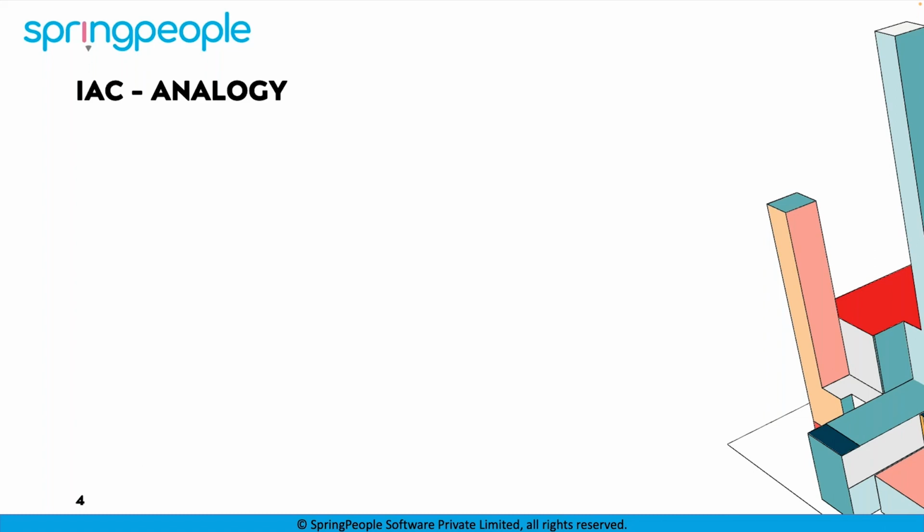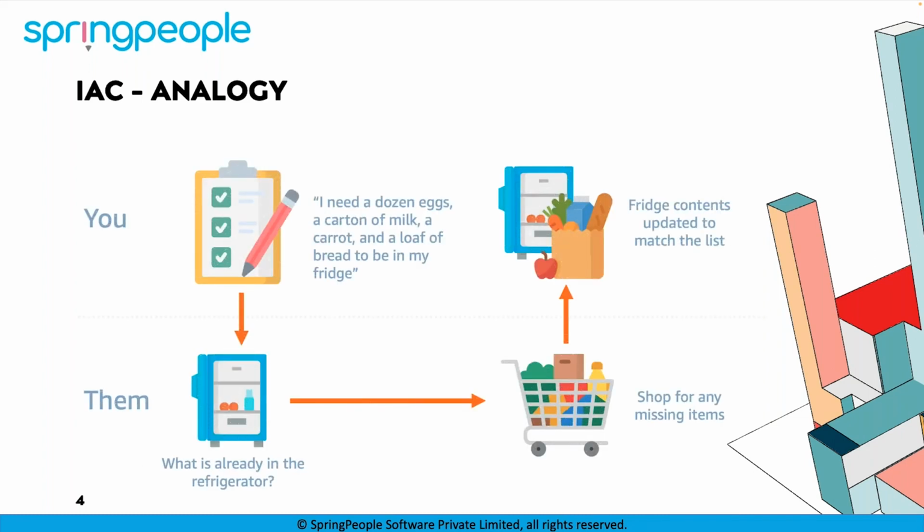But here, in Terraform, let's assume one analogy. You have a refrigerator at home, and you are a user or a family member at home, and there are a lot of servants available at home. Your wish list is that at any point of time when you open the refrigerator, you should have some eggs, some milk, a carrot, a loaf of bread.